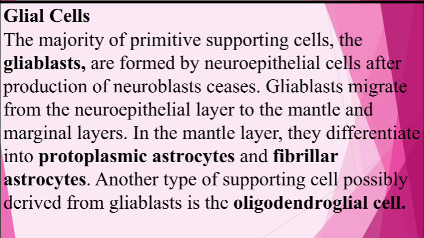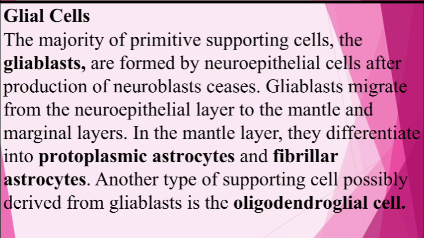So as the neuroepithelial cells differentiate to form neuroblasts, once they are done with that, they differentiate also to form other cells like the glioblasts that will differentiate to give you the glial cells. The glioblasts migrate from the neuroepithelial layer to the mantle layer and marginal layer. In the mantle layer, the glioblasts differentiate into protoplasmic astrocytes and fibrillar astrocytes.